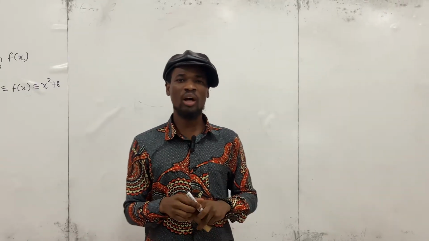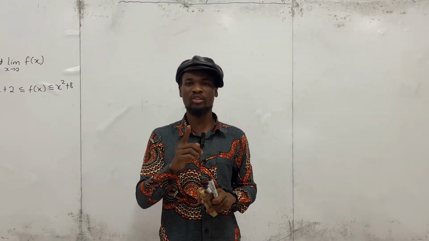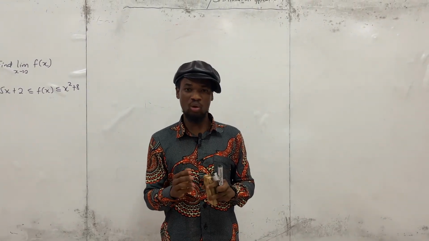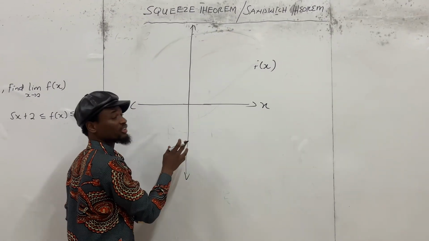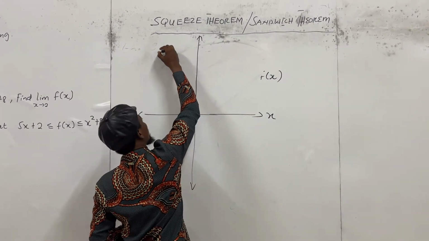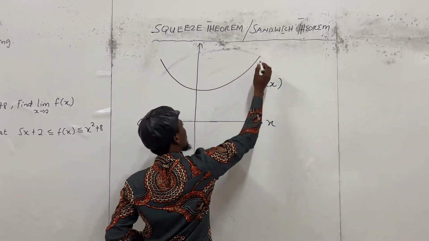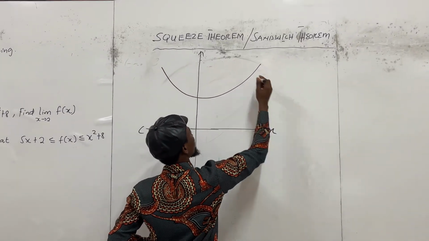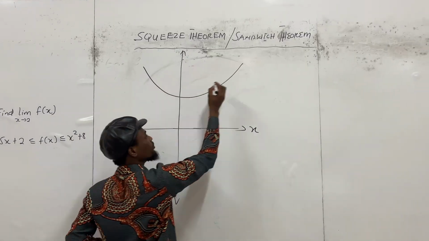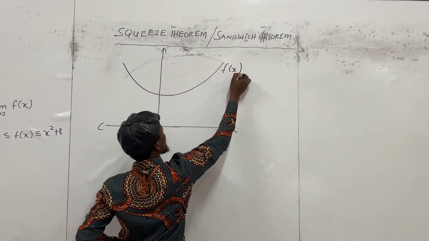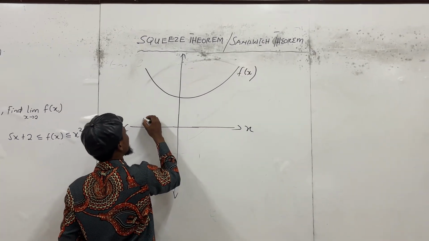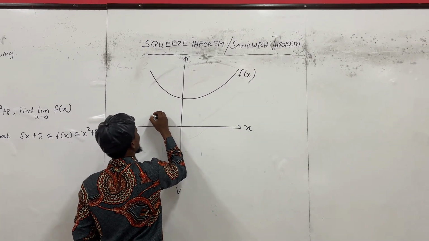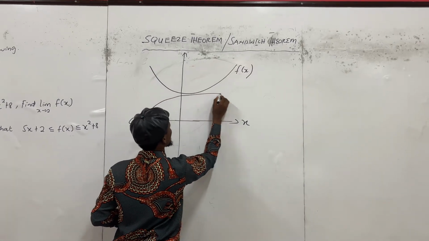Okay. So now for the sandwich theorem, let us consider the rectangular coordinate system. So if you have your function this way, then you have this graph to be f of x. Then you have another function this way. You have something like this.